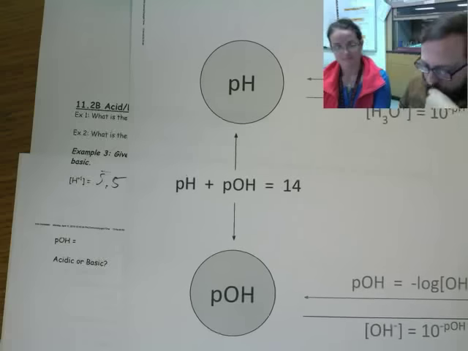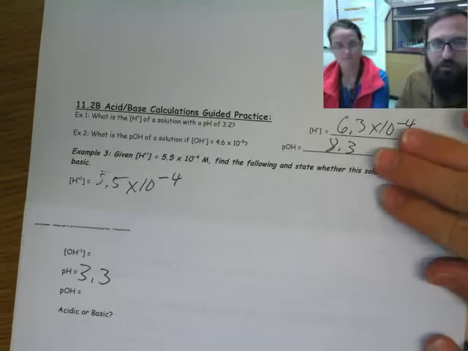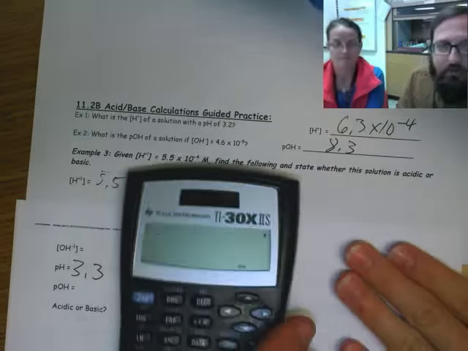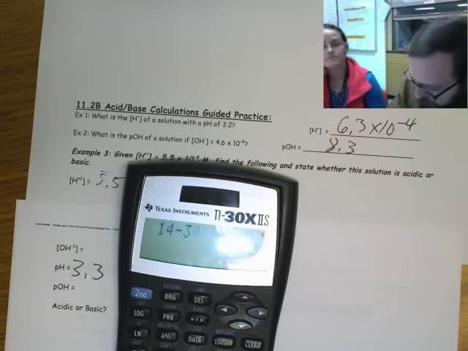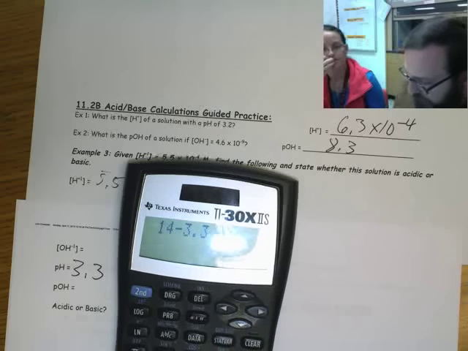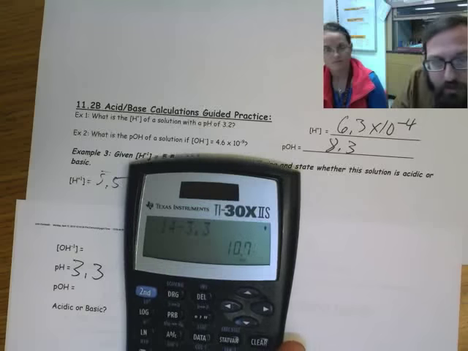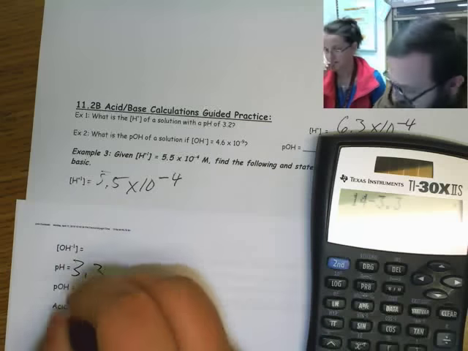So what was our pH? Our pH was 3.3. So our pH and our pOH have to add up to 14. That means I take 14 and subtract 3.3, and I get 10.7. That's my pOH.